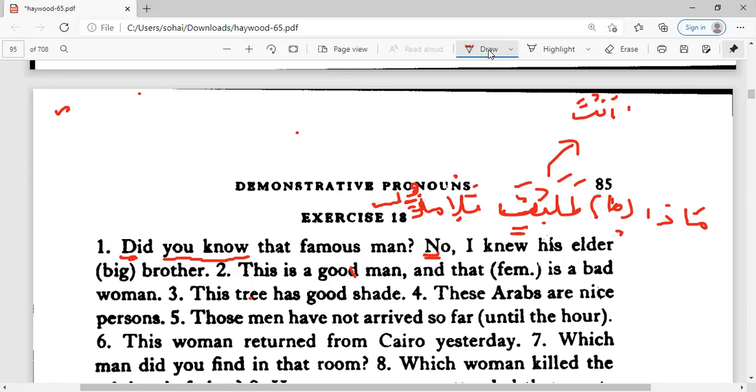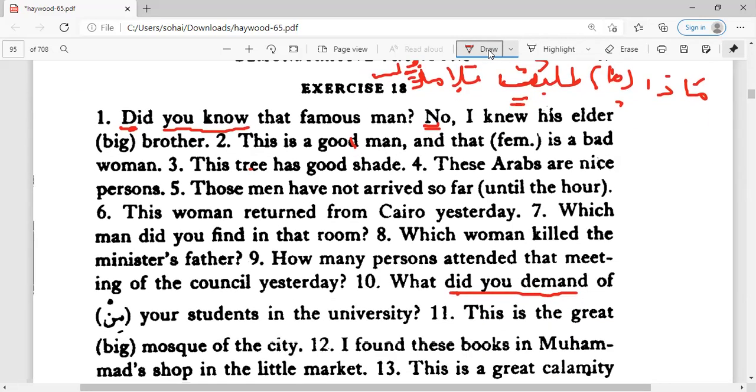And what's your students? Talamiz. Okay, look, it tells you here: demanded of your students. So it says use min. Min.